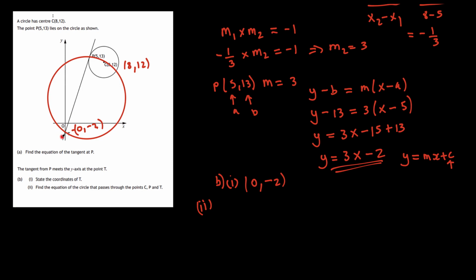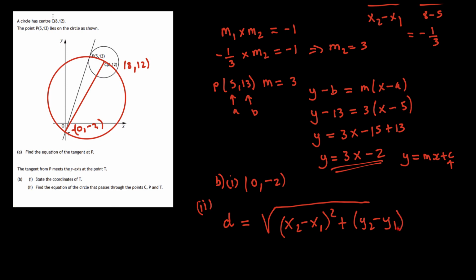Now, in order to find the equation of a circle, we need the center of the circle and we also need the radius. So we can use these two points here, C and T, as my diameter, and use the distance formula to work out the diameter, and then just half that to get the radius. So d is equal to the square root of x2 minus x1 all squared plus y2 minus y1 all squared.